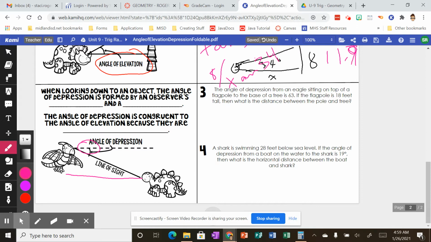So we have to draw the angle of elevation. It's related to the angle of elevation because it's a parallel line. The pink and the dotted line are parallel, so we can take the angle of depression and put it down here because of alternate interior angles.